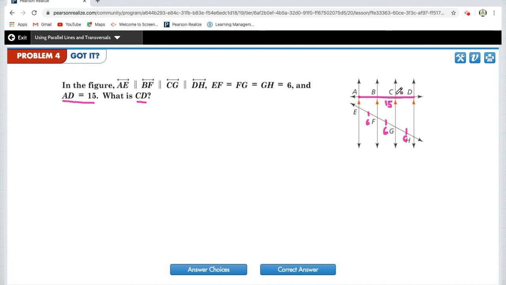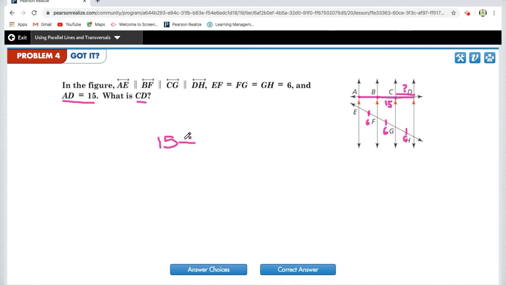Question, what is the length of CD, meaning only this part? Since this transversal was divided into congruent segments, we know that this transversal was also divided into congruent segments. So what is the measurement of AB? It will be equal to the measurement of BC, and it is also equal to the measurement of CD.